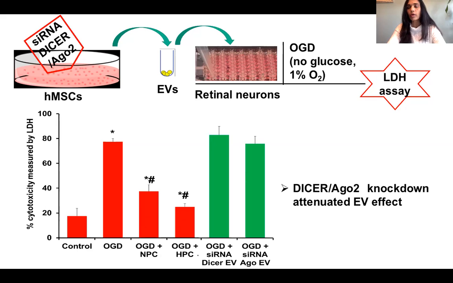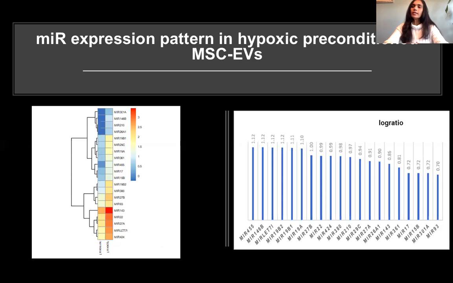There was no neuroprotection, confirming the involvement of microRNAs in driving the functionality. So this led us to do RNA sequencing to profile the microRNAs present in these two different types of EVs, the normoxic versus hypoxic.